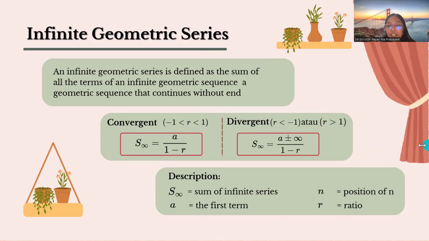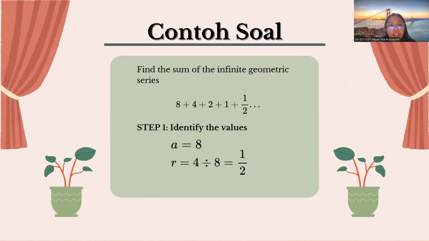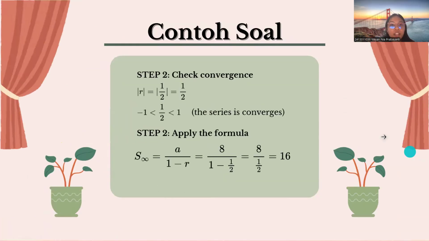So let's move to the example. Find the sum of the infinite geometric series 8 plus 4 plus 2 plus 1 plus 1 half. So we are going to identify the values. A is 8 and R is 1 half. So we are going to check the convergence.